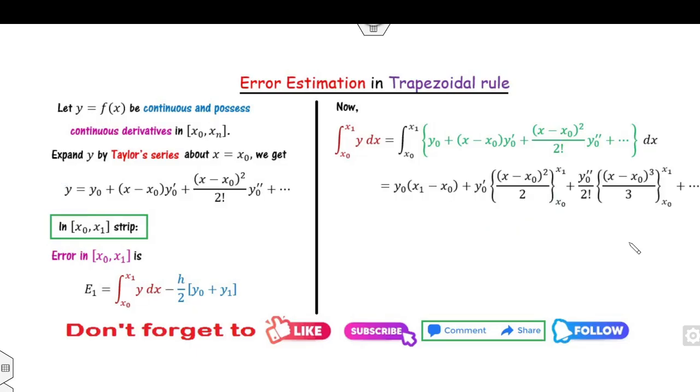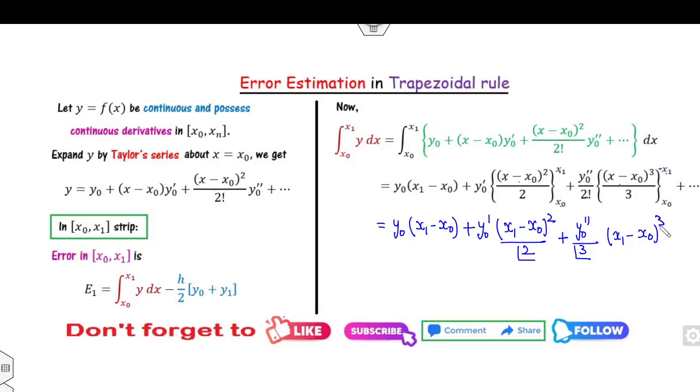Fine. Now you can substitute the upper and lower limits. The first part is y0 into (x1 minus x0), plus y0 dash into (x1 minus x0) square divided by 2. If you substitute x0, this is 0. For y0 double dash, it is divided by 3 factorial, I can say 2 factorial, into (x1 minus x0) cube, and if you substitute x0, it's 0 and so on.